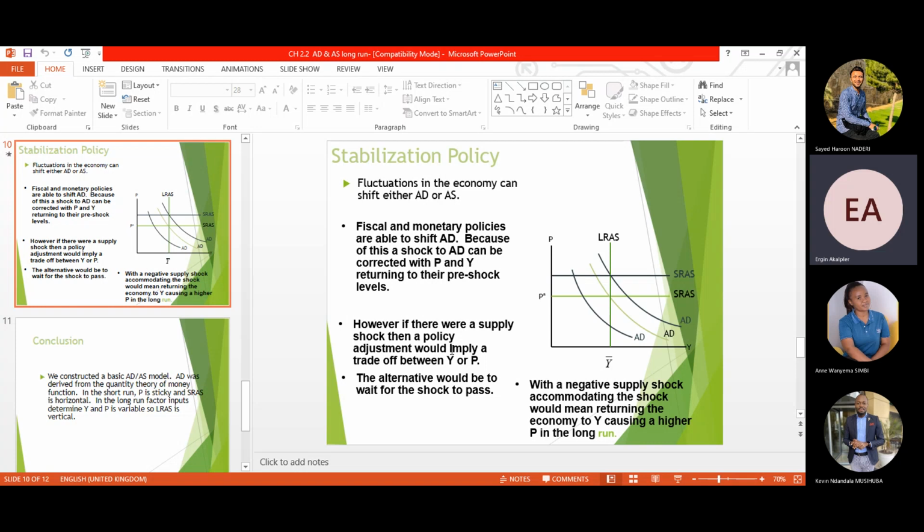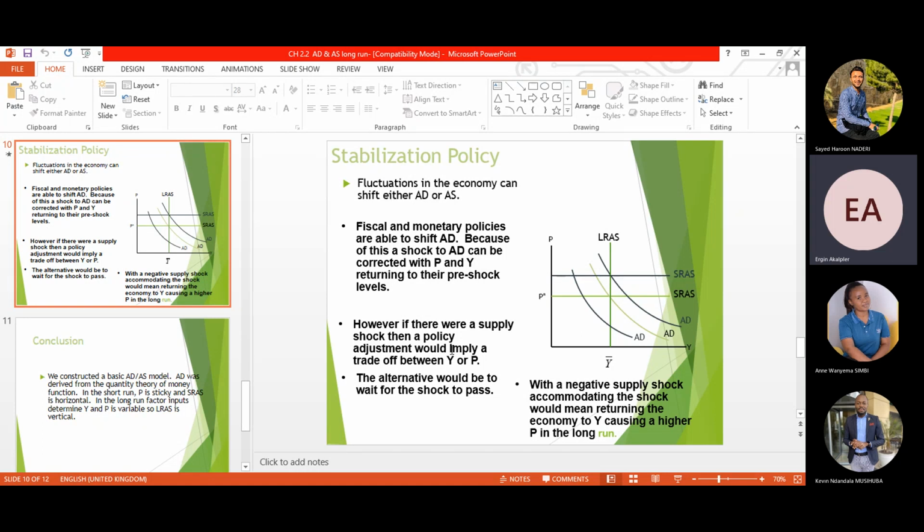But in Keynesian economics, governmental interventions in the economy are allowed for maintaining a sustainable economic model for welfare.